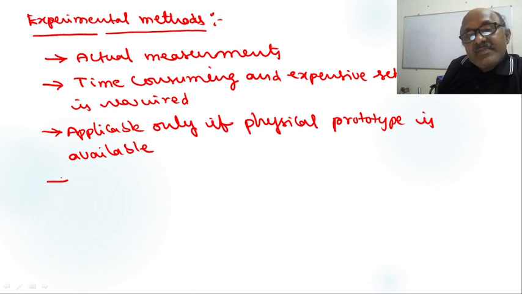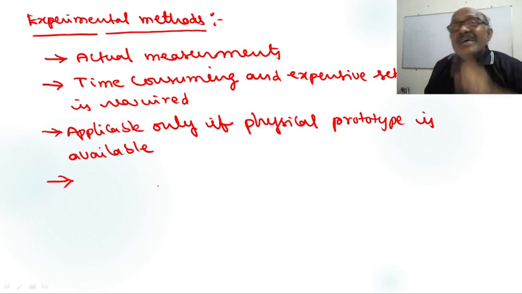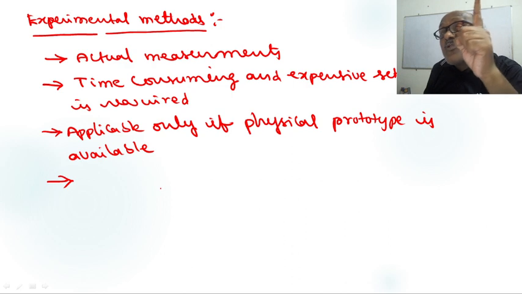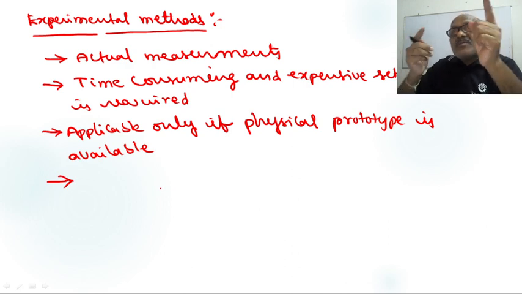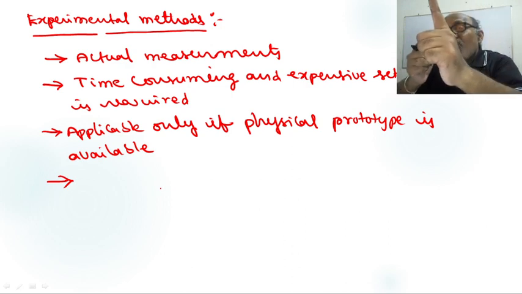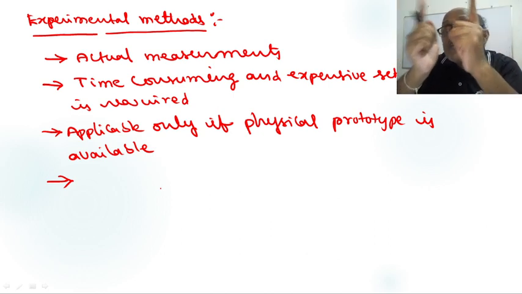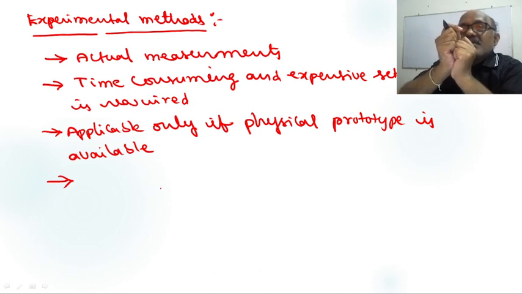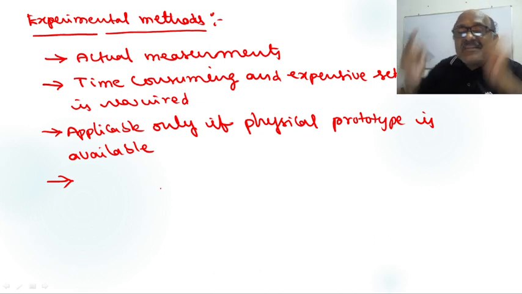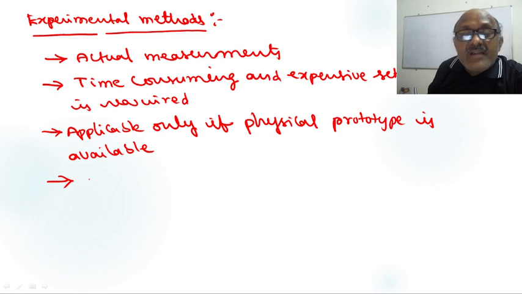Next point, my dear students. The results cannot be believed blindly by testing one specimen. It doesn't give good results. For getting good results, a minimum of 3 to 5 prototypes must be tested. I will write that one also.